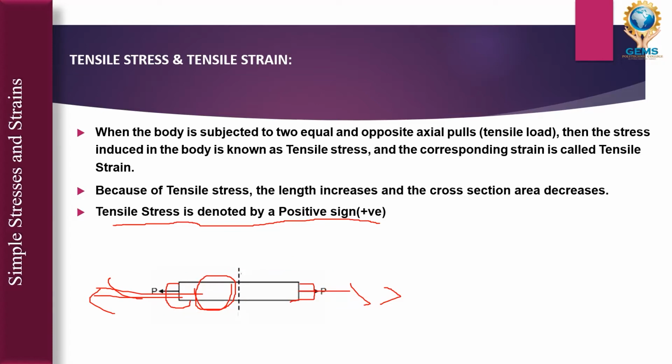If its length is increasing, that means positive will come. Understand? And what is tensile strain? Due to tensile stress, the change in length that comes is known as tensile strain. Understand?